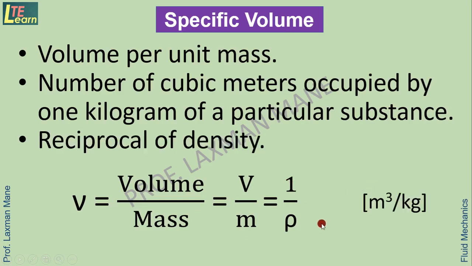So it is the reciprocal of density, meaning specific volume is the reciprocal of mass density. As far as unit is concerned, meter cube per kg is the unit of specific volume, meaning the number of cubic meters occupied by 1 kilogram of a particular substance is called specific volume.